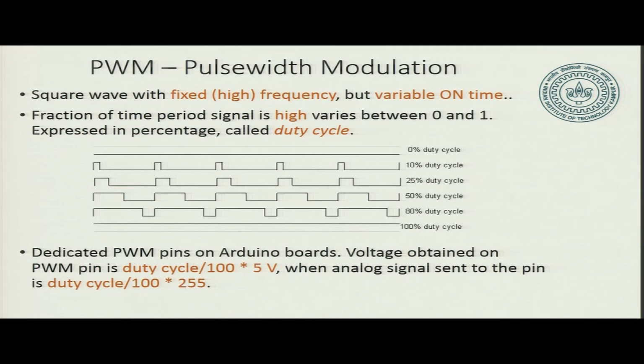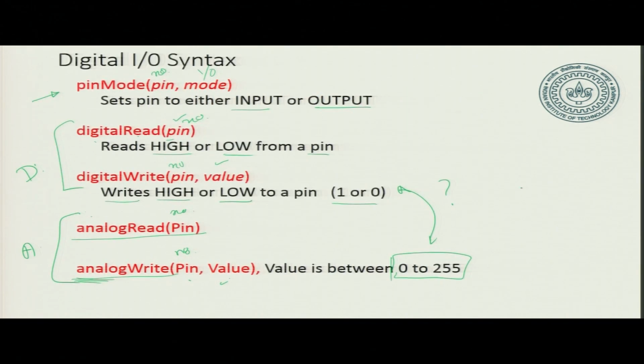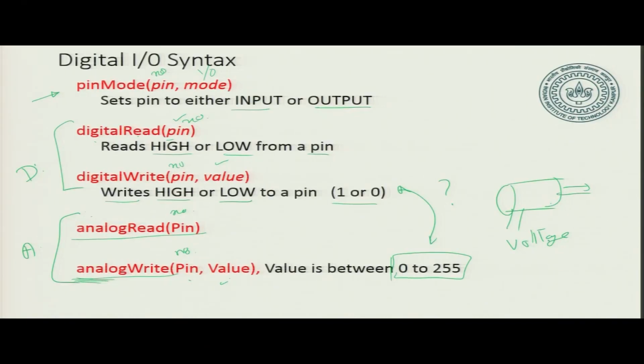Now, when we are controlling a motor, you would realize that we have a DC motor. If I draw a DC motor here, the input to the DC motor is a voltage. But we understand that this microcontroller is a digital device, so it cannot give a continuous analog voltage to drive a DC motor. So, what we do is essentially we do not give a continuous voltage.